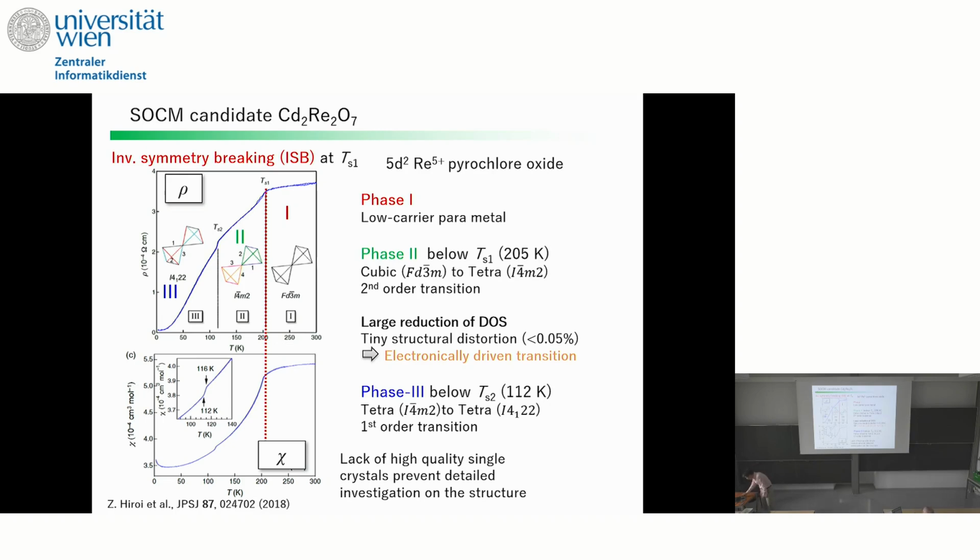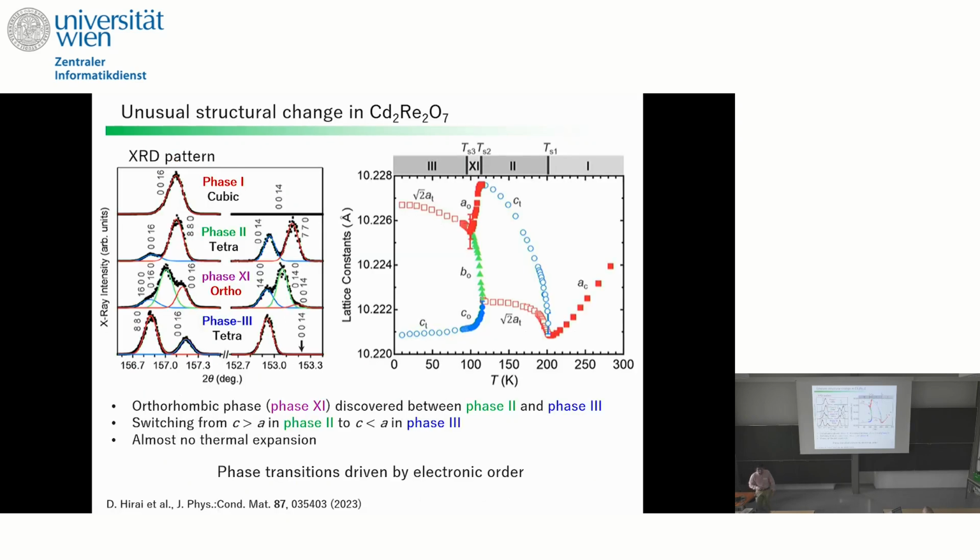Then we decided to grow high quality single crystals to detect the structural change. The structural change is really crazy. Here is a representative diffraction pattern of this compound. At high temperature we have the cubic phase, and below the inversion symmetry breaking we have the tetragonal phase.